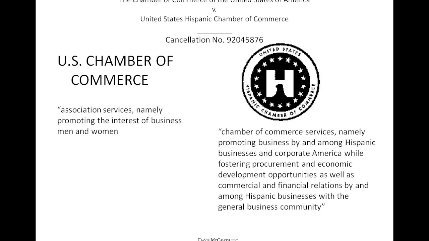And it should be noted that the petitioner's registration is not limited to Hispanic businesses. It certainly could cover the same, and could certainly appeal to Hispanic businesses as well. So this certainly found that they were related, and so this factor weighed in the favor of the petitioner.